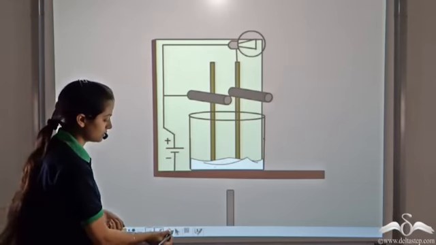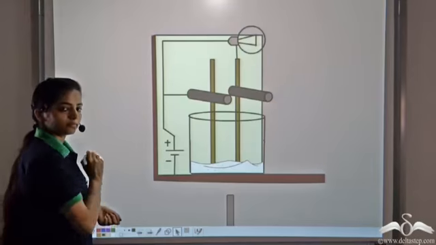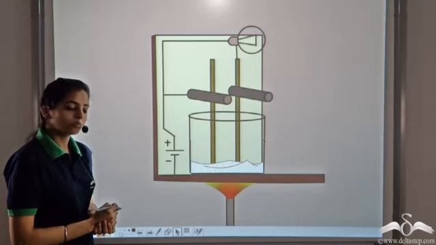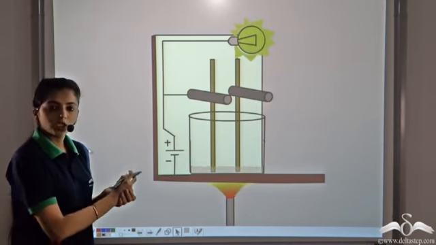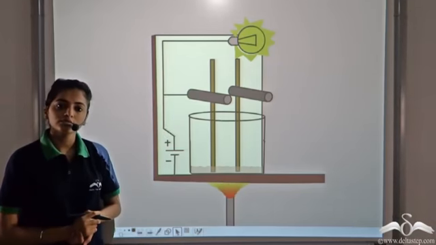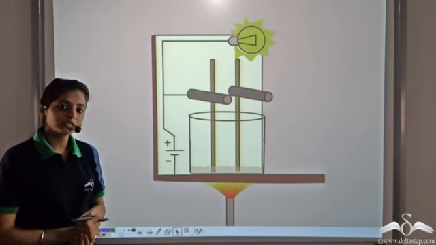Now let's heat the sodium chloride. When we heat the solid sodium chloride, it changes into the molten state and what do we observe? The bulb glows. What is happening in this case?